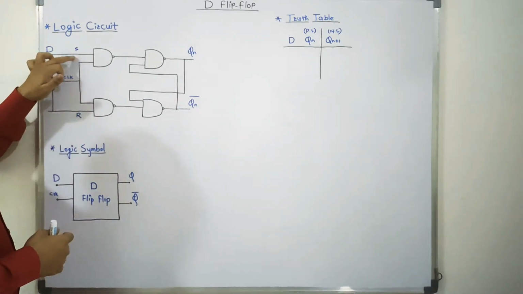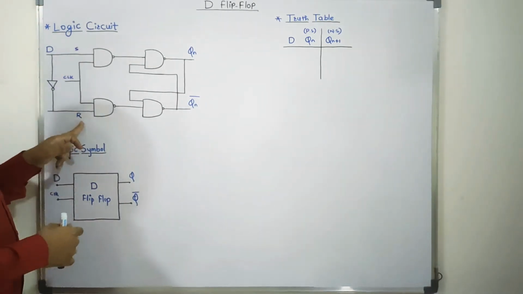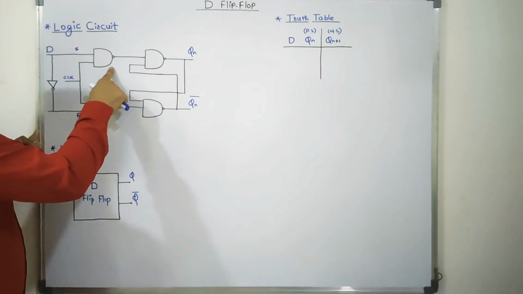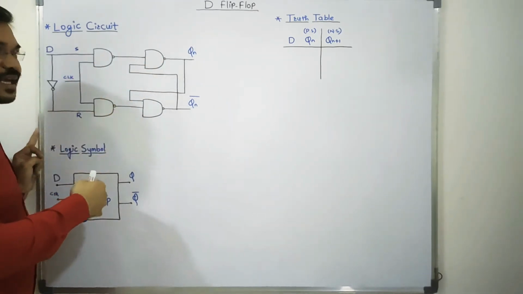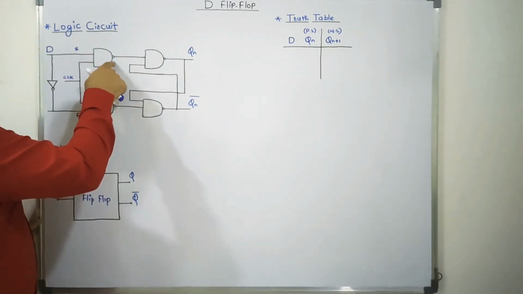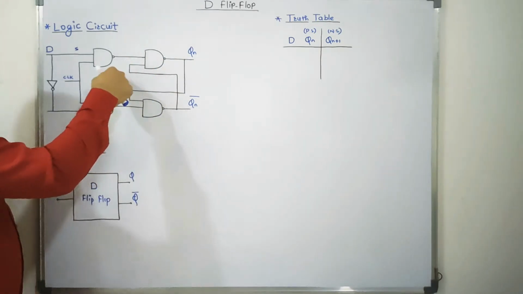Here S and R are the inputs. This is one of the NAND gates, as we discussed in the SR flip-flop. The output goes to the next NAND gate, which forms the latch circuit.